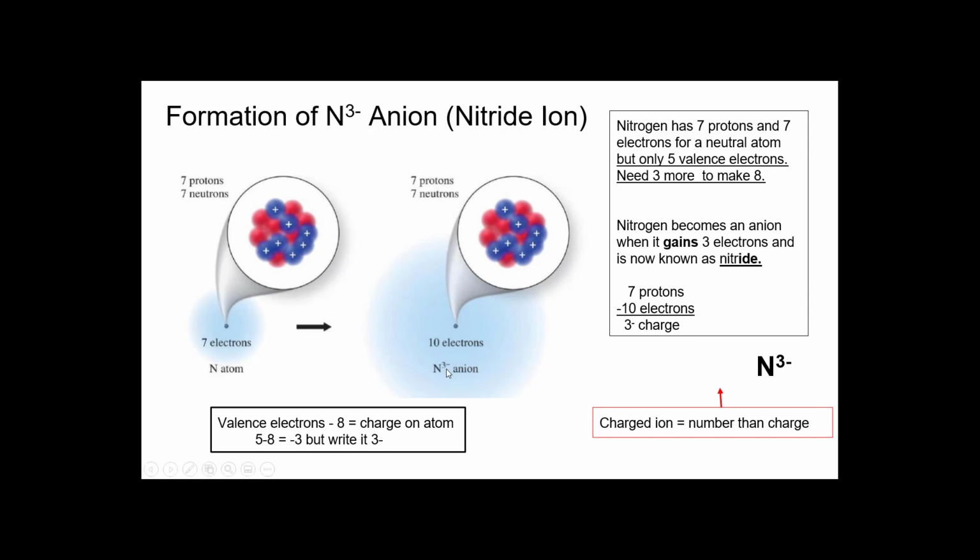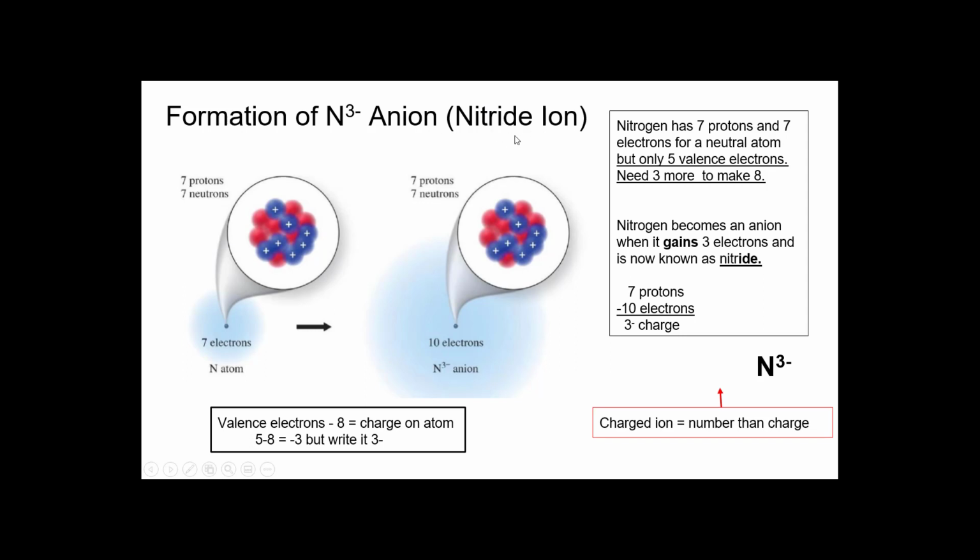So this has a negative 3 charge because it can take on 3 electrons. Now that it has taken on electrons, it's an ion. You have to change the naming of the second portion of it. So nitrogen becomes an anion when it gains 3. It is now known as nitride. You take the last portion of it, it's usually the last syllable, in most cases, not always, and you replace that with "ide."